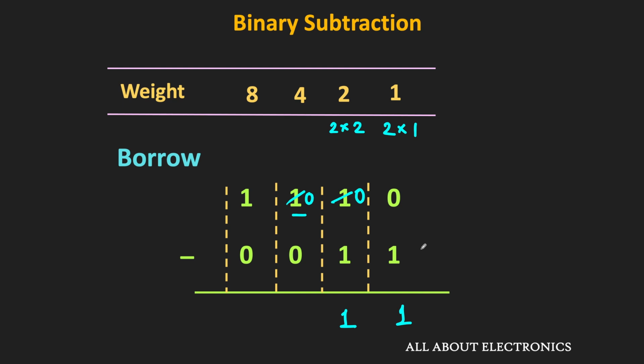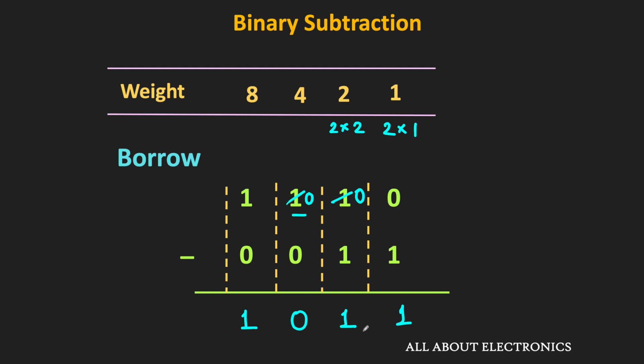Alright, so now let us move to the next column. In this fourth column, we have a 0 minus 0, that is equal to 0. And if we move to the next column, the eights column, we have a 1 minus 0, that is equal to 1. So after the subtraction, the result is equal to 1011.